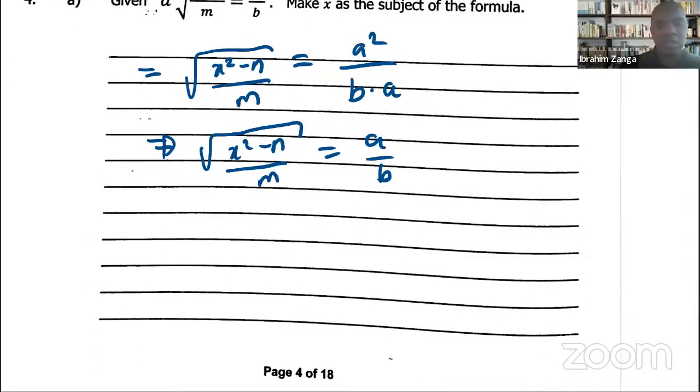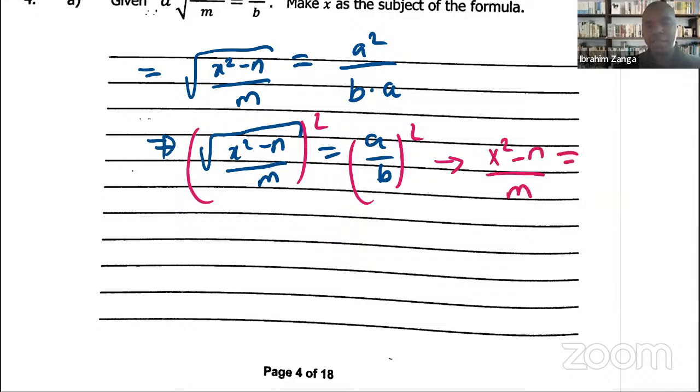Introduce square on both sides. We square here and square there. What we get is x squared minus n over m equals a squared over b squared.